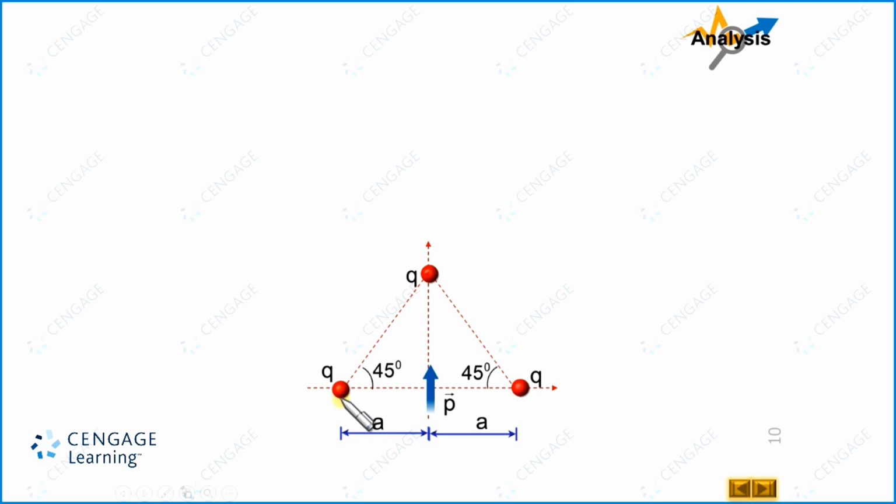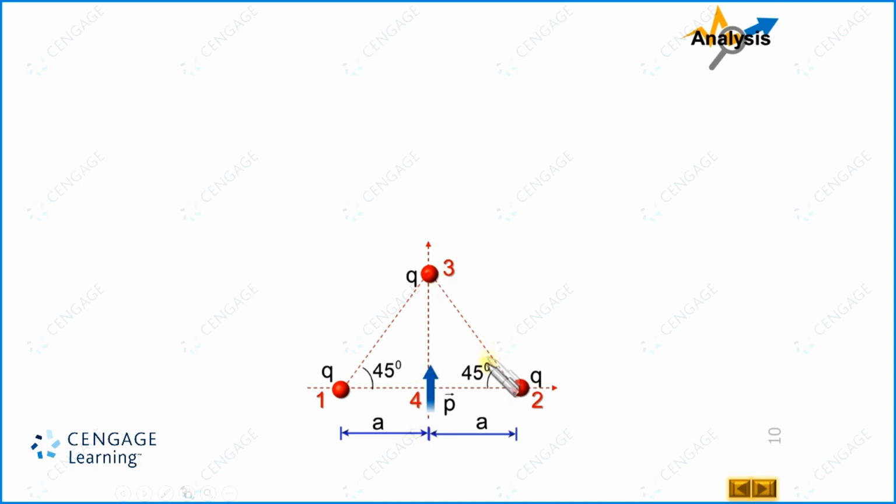Here we can take three charged particles and one dipole as a system, and in the system we have four elements. Let us number these elements: this is 1, 2, 3, and let us number this dipole as number 4.